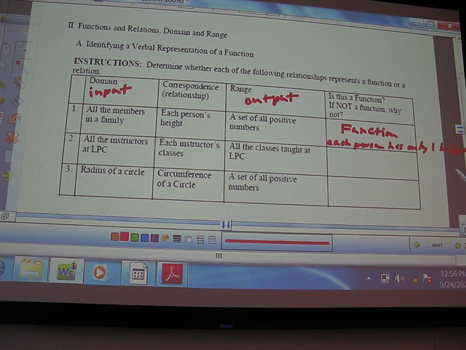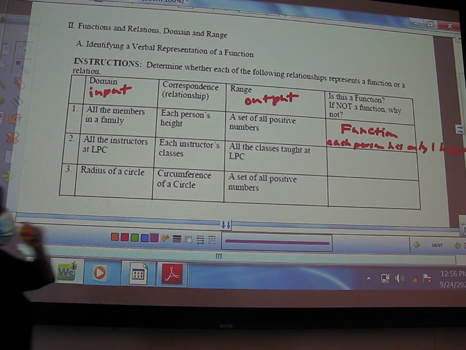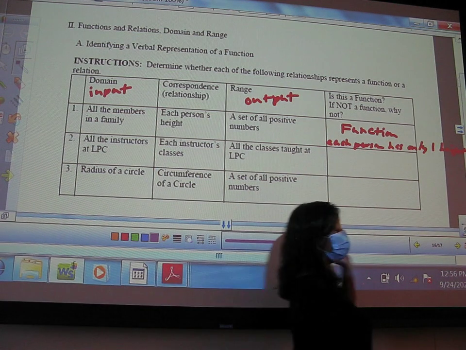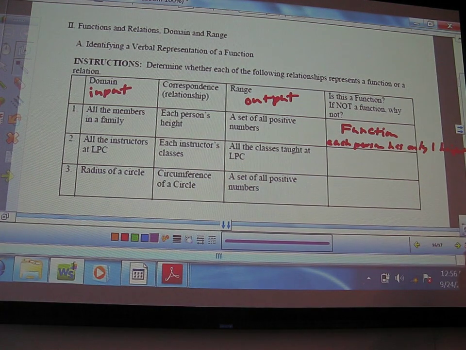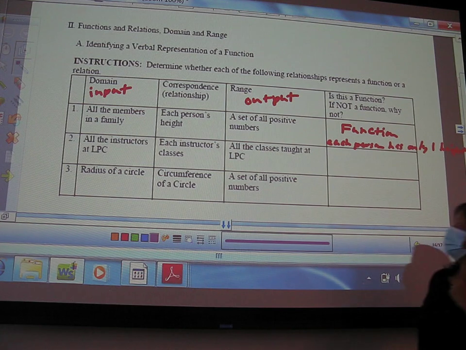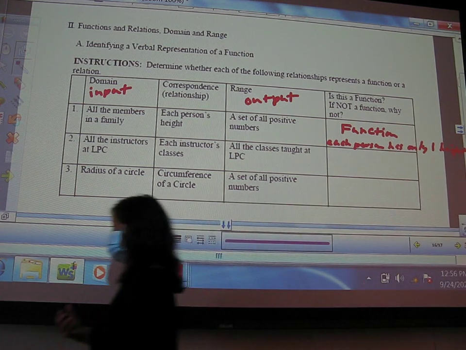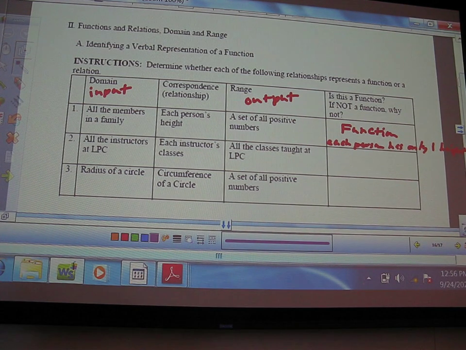Okay, next. All the instructors at LPC. And then they're going to spit out each instructor's classes. So it could be all classes at LPC. So if you throw me in and you find all the classes I teach at LPC, are you going to get only one answer?